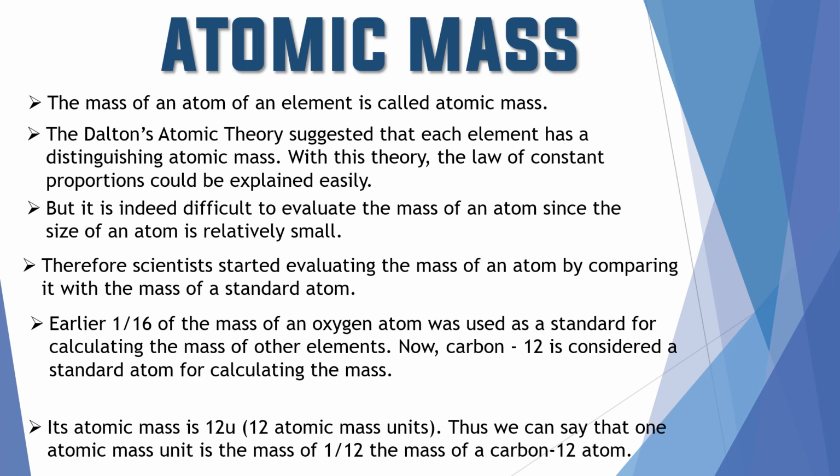So that one piece is the standard. The same way, when we cut a carbon-12 atom into 12 pieces, one piece is the standard. I hope you understand this concept. That is atomic mass. So atomic mass unit is 1/12th the mass of a carbon-12 atom.